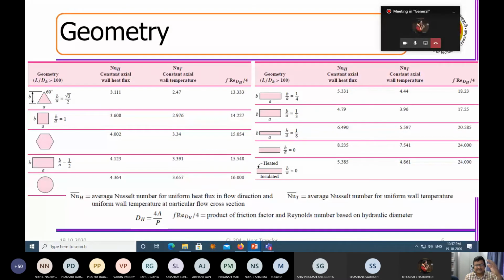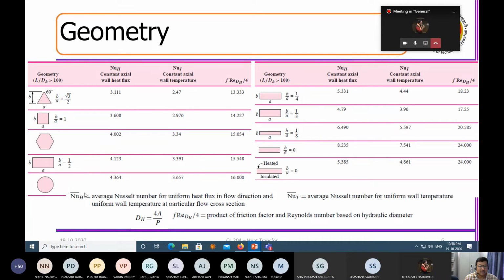One can see different types of geometries. This I think you have done extensively in your fluid mechanics. Suppose you have a circular cross section, you use the diameter. But suppose you do not have a circular cross section, say you have a cross section like this. Then you use a concept called the hydraulic diameter. What is that? It is nothing but the flow area divided by the wetted perimeter, so you can get an equivalent radius.